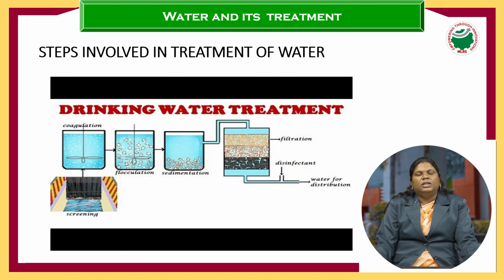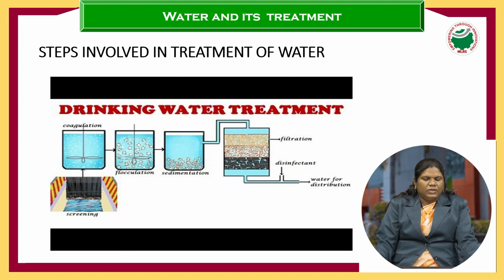Next, treatment of the water. Before the water reaches our home, it will undergo some steps. Okay, we will see here what are the steps involved in the treatment of the water.